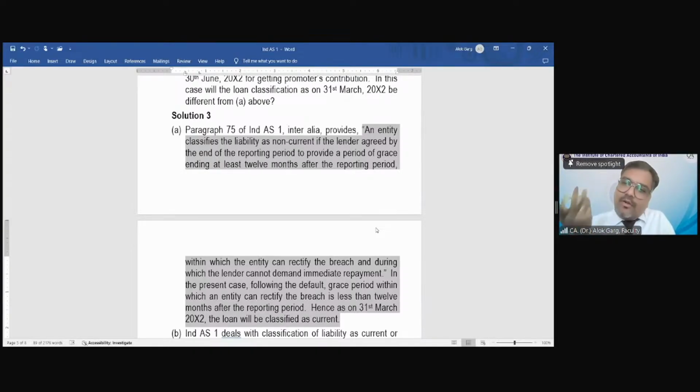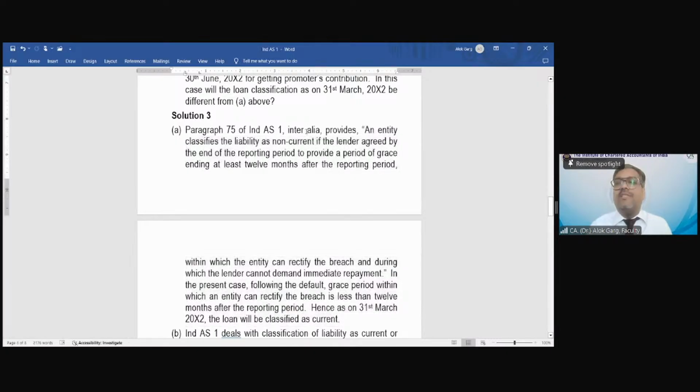Because default has already occurred. The period to rectify the breach is not after 12 months, it is within 12 months, which is 3 months. And hence, this liability has to be classified as a current liability. Okay, so 3 students have given the right answer.